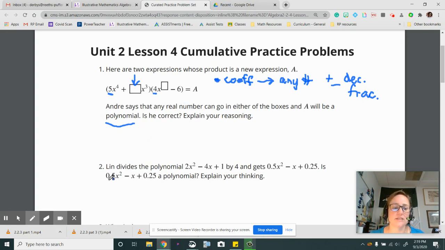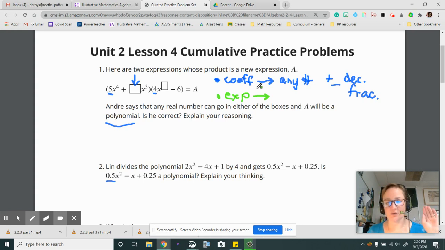Okay, down below I see that we have a decimal, and a decimal coefficient is a-okay. All right, so those are just fine. What we also have to think about, though, is not only just the coefficient of what's happening, but also those exponents. And so an exponent, in order for it to still be a polynomial, we have to make sure that exponents are not negatives and are not decimals.